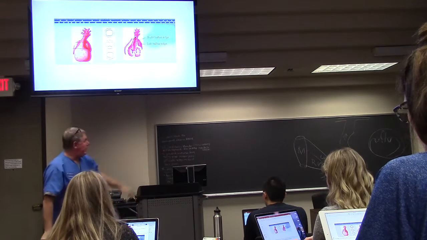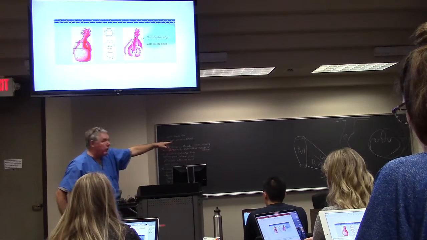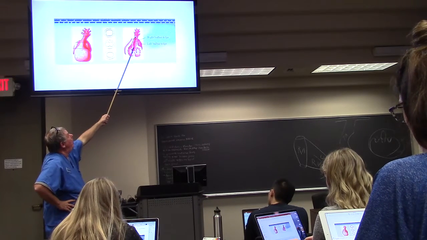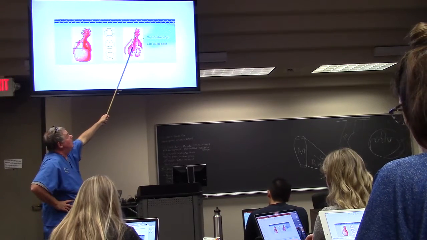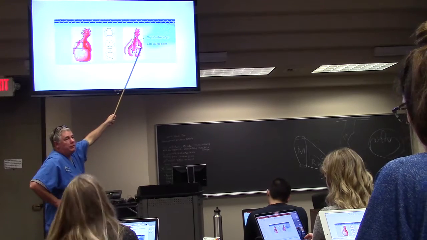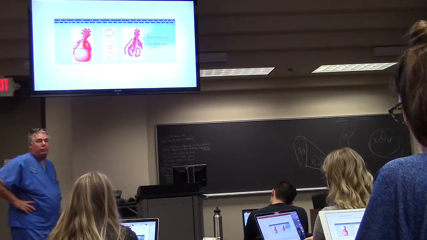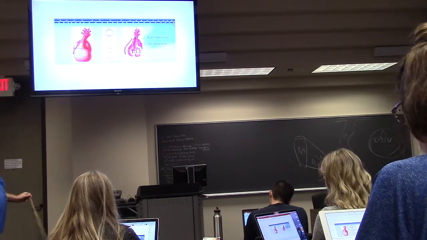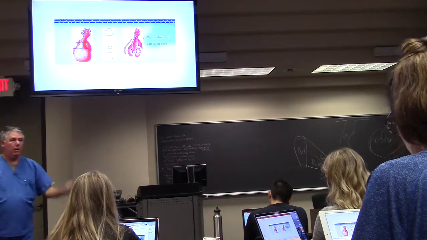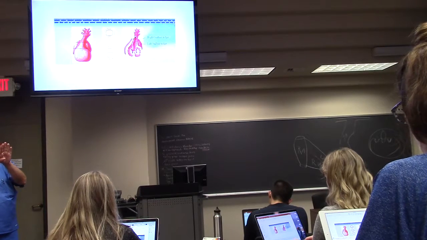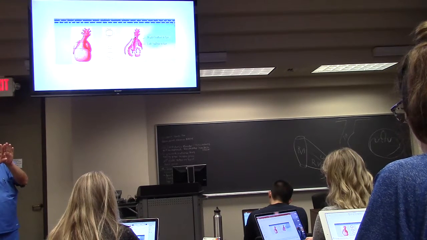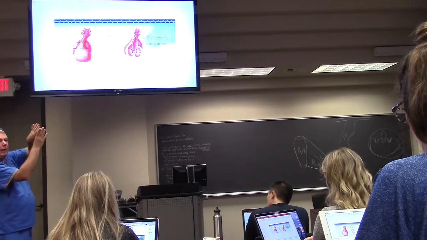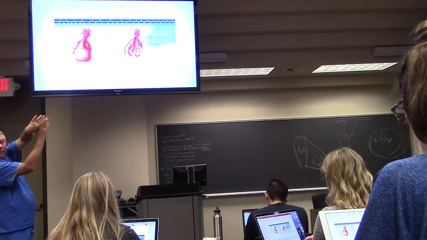So what happens in that truncus arteriosus is you start developing these bulbar ridges. These bulbar ridges appear in the truncus. These two ridges are going to fuse, and when they fuse, they're going to start spiraling like that.